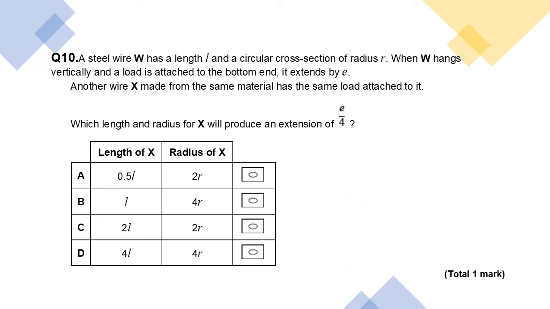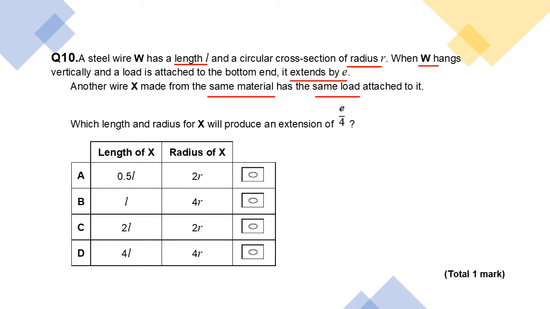So we have quite a lot of information in this question. We have a wire W of length L and radius R, and it hangs vertically and a load is attached to the bottom. It extends by E. We have another wire X that is made from the same material and has the same load attached to it.